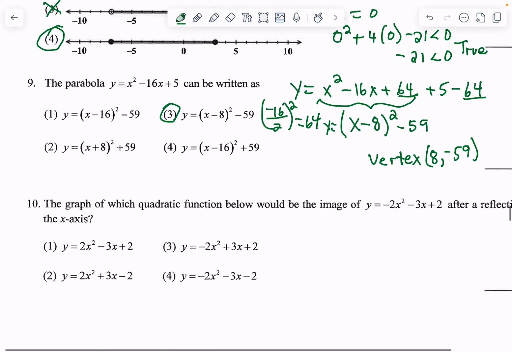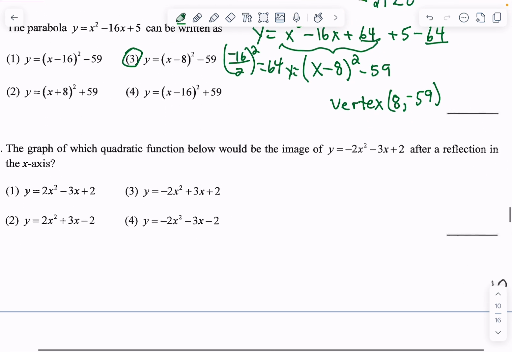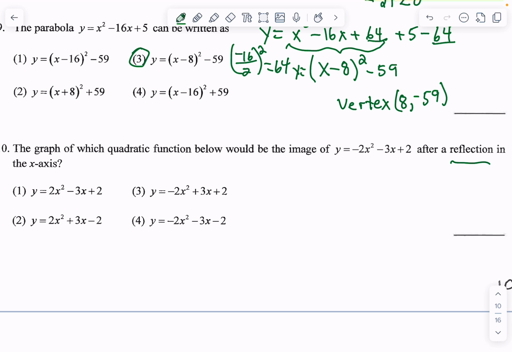All right. Number 10, a reflection in the x-axis, right? So that means when you reflect something in the x-axis, if it starts here, it goes down here, the y-coordinate changes sign. All right.